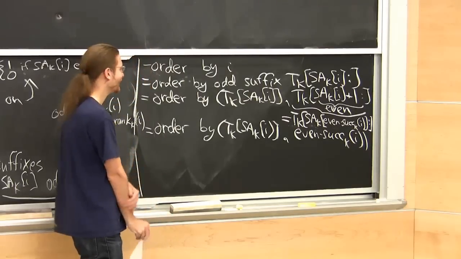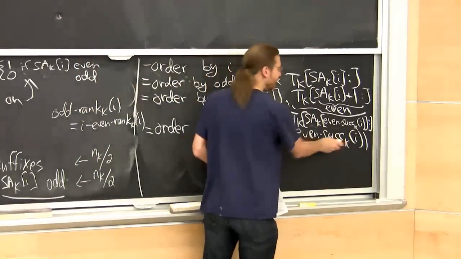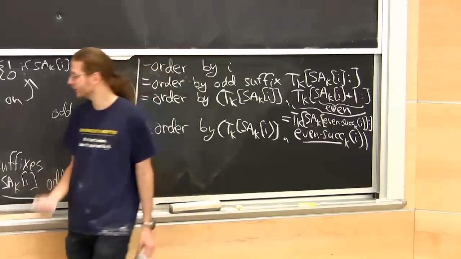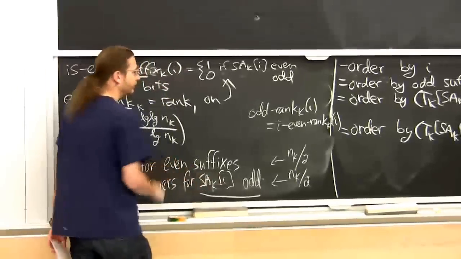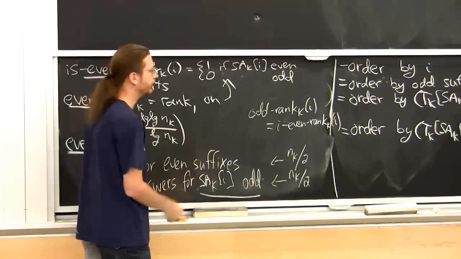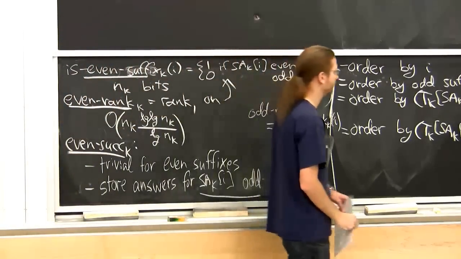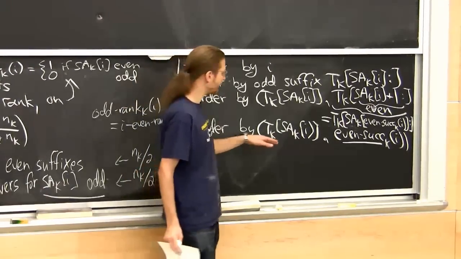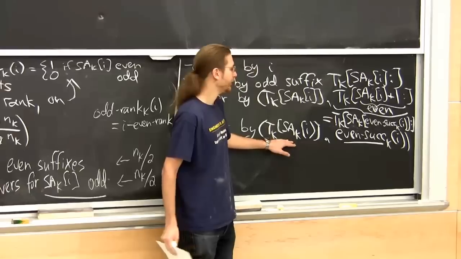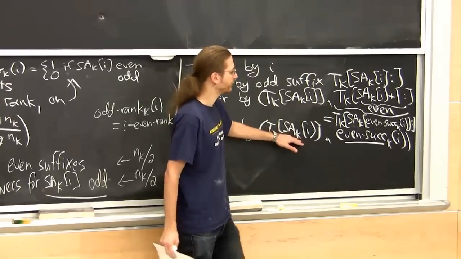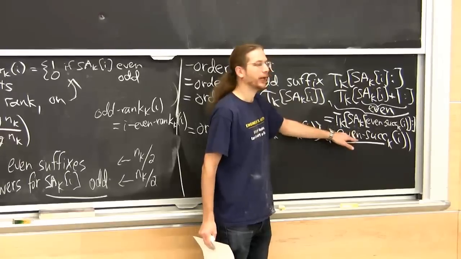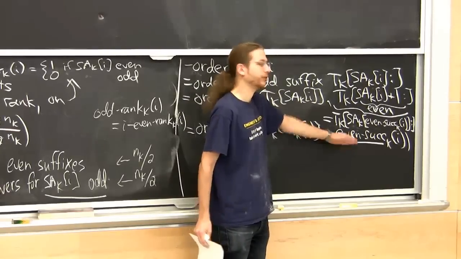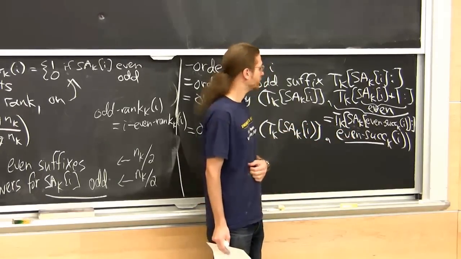Interesting. Because this is what I want to store, right? Those are the answers that I'm trying to store. I'm trying to store even successor for every I that starts at an odd suffix. So really, all I need to do is order by this thing, and then once I've ordered by this thing, I'll store these guys in order by their value. Cool.